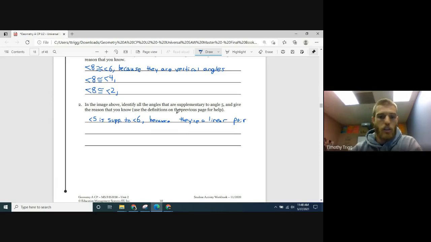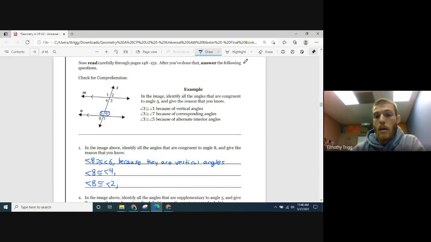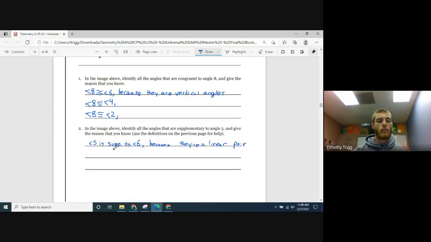My writing is not good on this mouse, but that's okay. Hopefully that makes sense. Is angle 5 a linear pair with another angle? Well, yes. Angle 5 is a linear pair with angle 8. Okay, so let's go and write that as well.